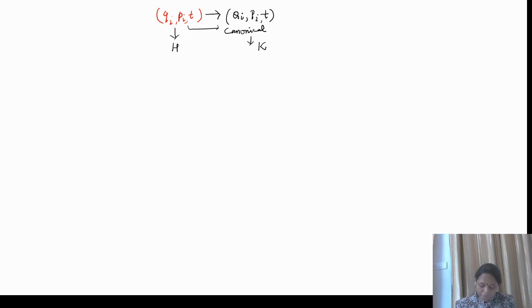Now, if you can find that all the coordinates are cyclic, then what will happen? Since it is a canonical transformation, equations of motion will be preserved.